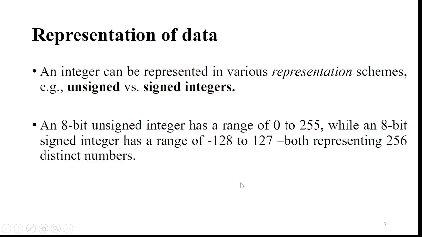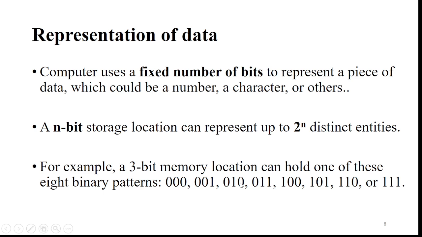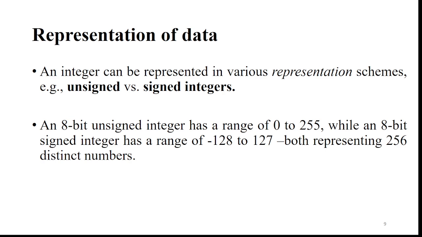Hello, now we are talking about the representation of data. So integers can be stored in different ways, and this depends on whether they are treated as unsigned or signed integers.